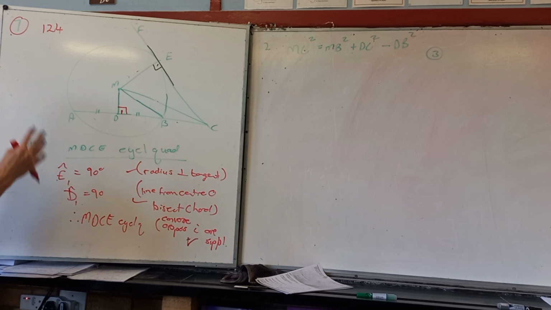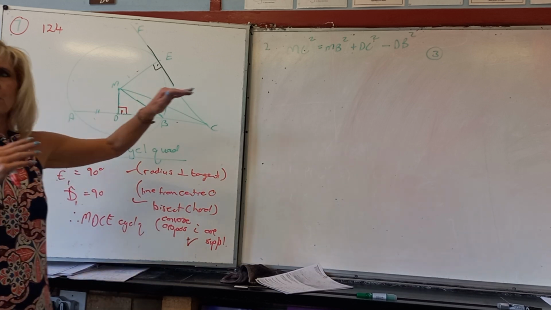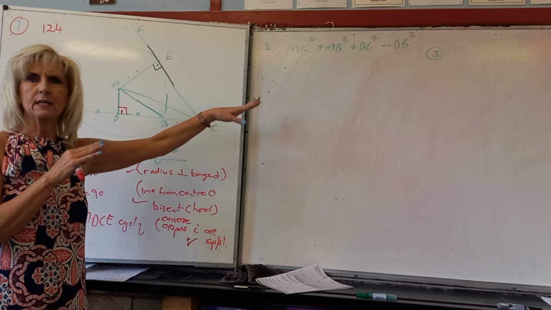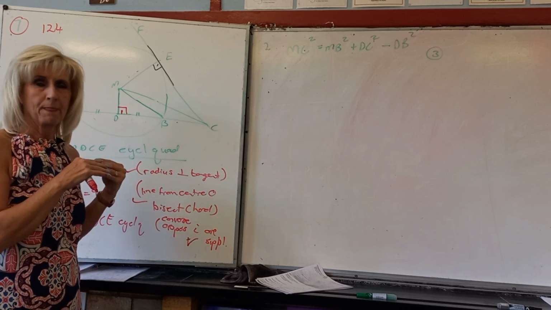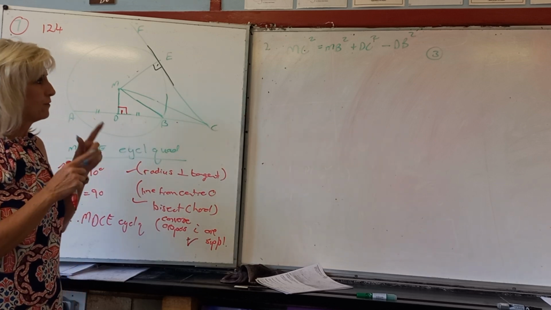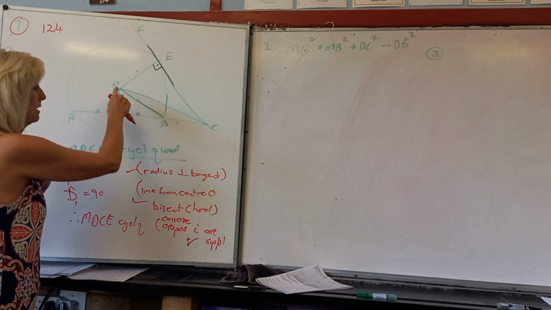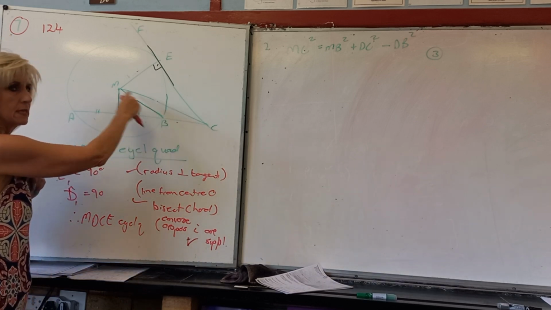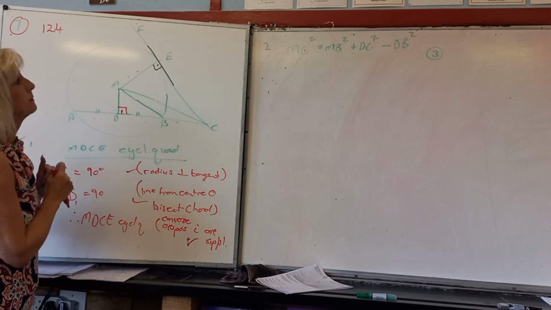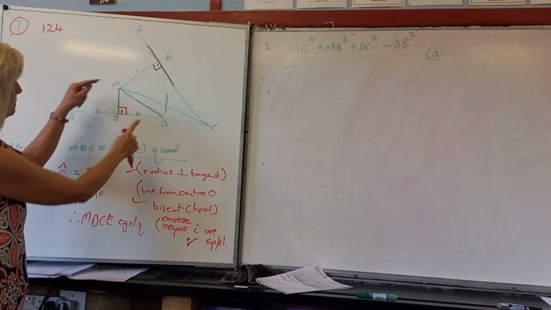But now which triangles? Because now this is not just straightforward. It is definitely Pythagoras, I think. But now let's start to look. They've got MC squared. MC squared sounds like science. They've got MB.